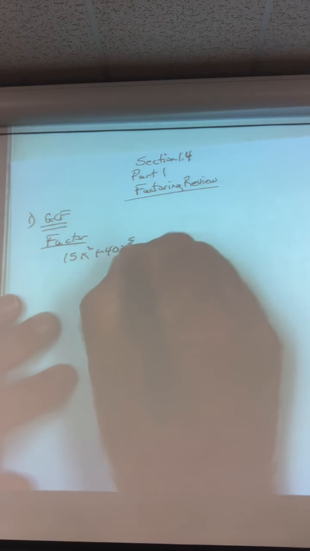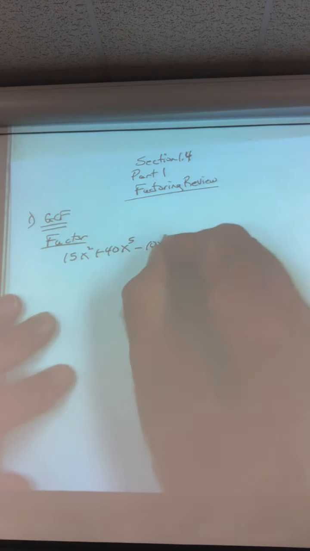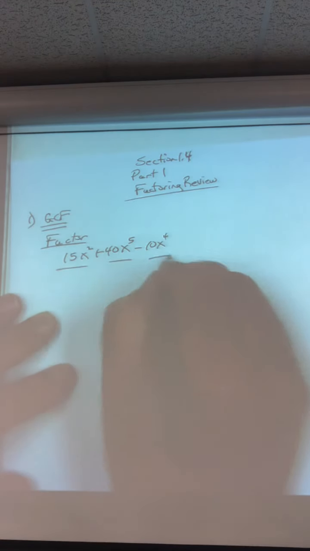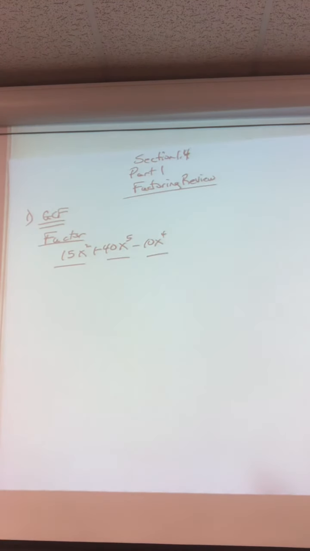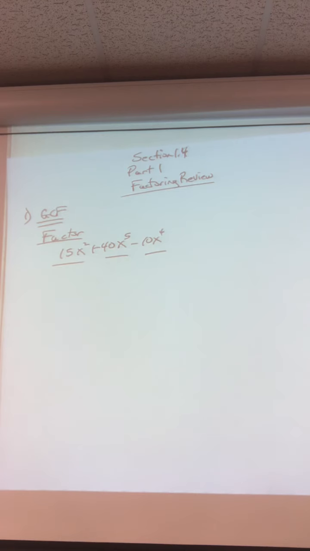Suppose I wanted to factor this problem right here: 15x squared plus 40x to the 5th minus 10x to the 4th. This is a trinomial. So the first thing I would ask myself is, what is the biggest thing that goes into all 3 of these? Now remember, your GCF can be a number or a letter raised to a power, or it can be numbers and letters as well.